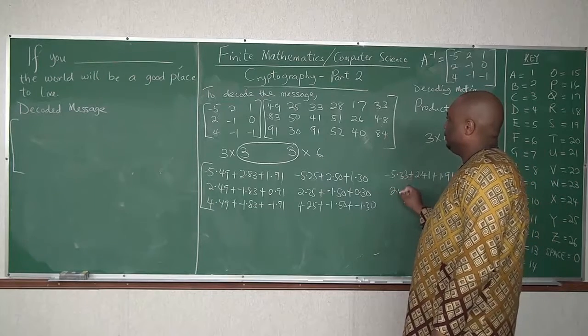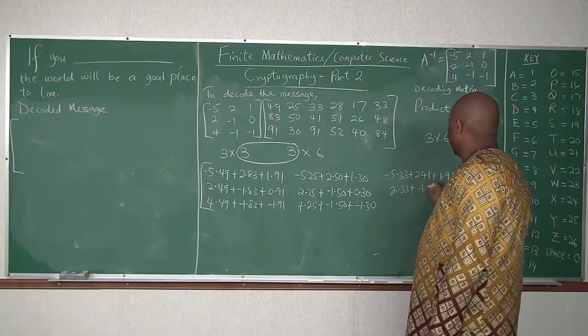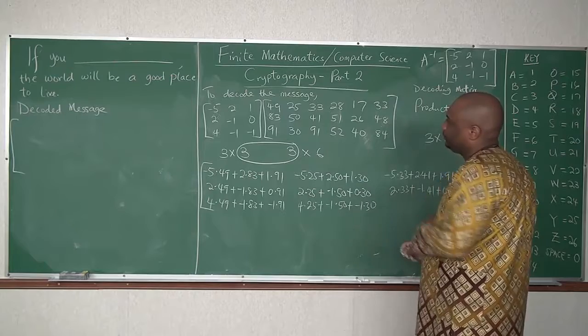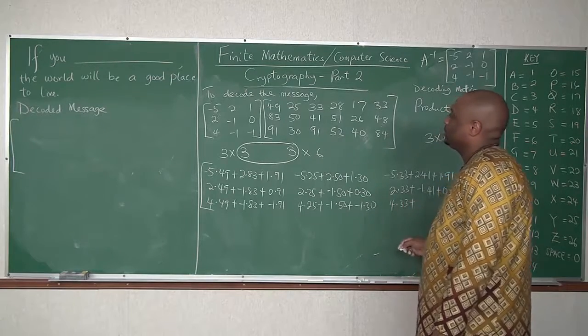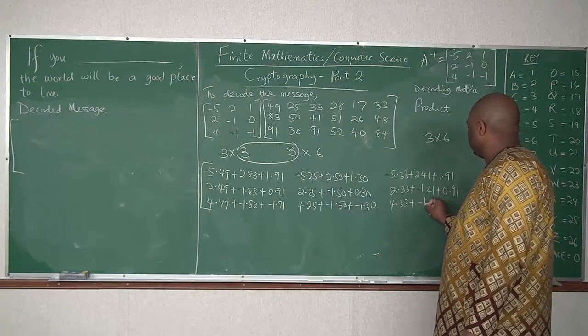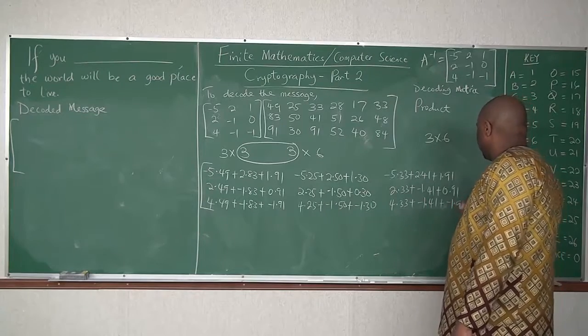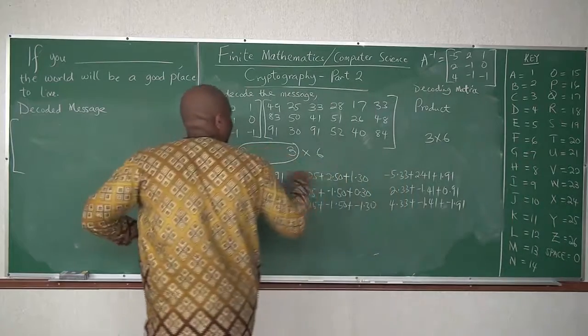Then 2 times 33 plus negative 1 times 41 plus 0 times 91. Then 4 times 33 plus negative 1 times 41 plus negative 1 times 91. Alright folks, let's do this 3 first.